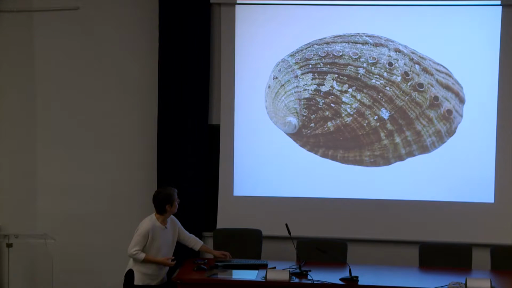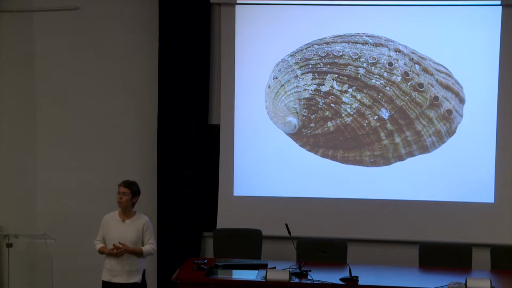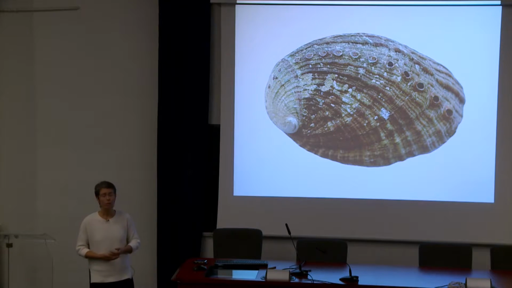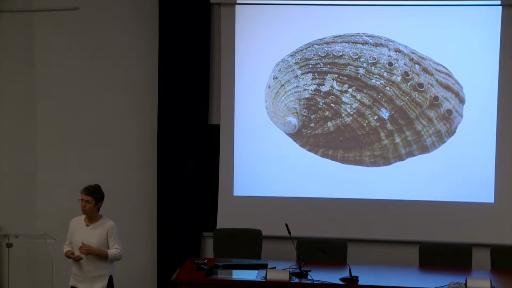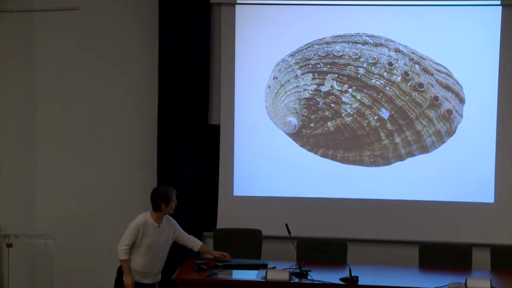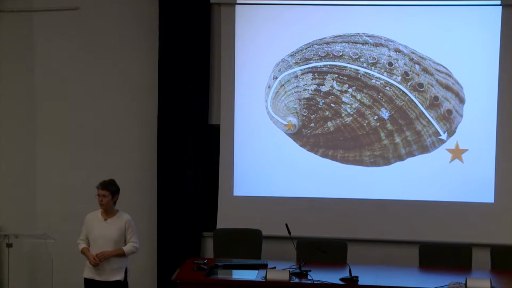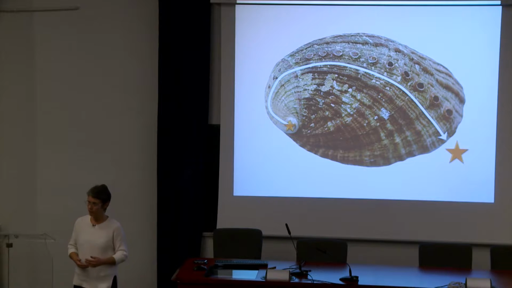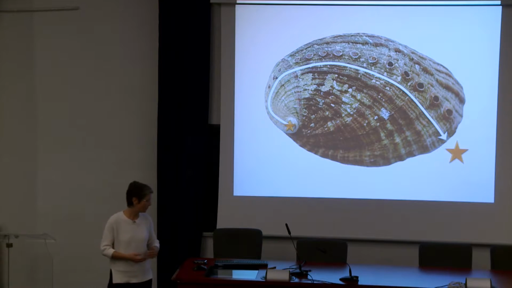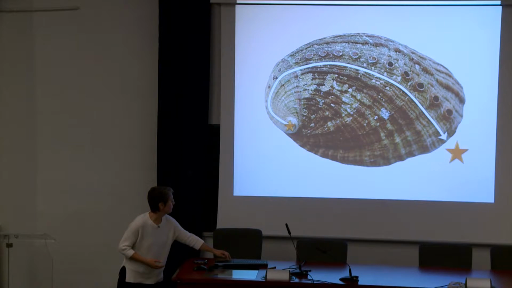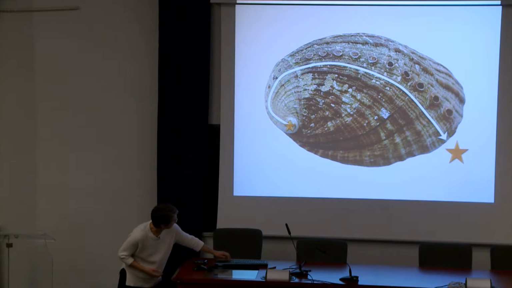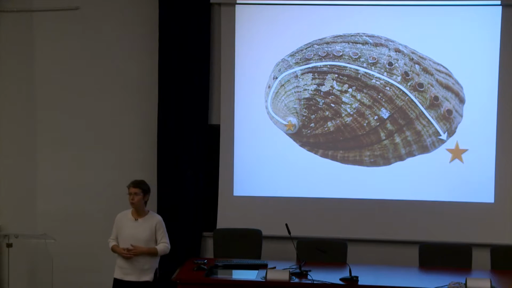So let's have a closer look at the shell growth and microstructure. The abalone shell is slightly coiled with the first spire here and the growing edge there. The shell growth is a step-by-step process, and the shell is growing up by successive addition of layers here and here, like an onion, for example.